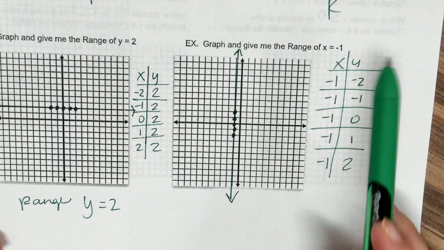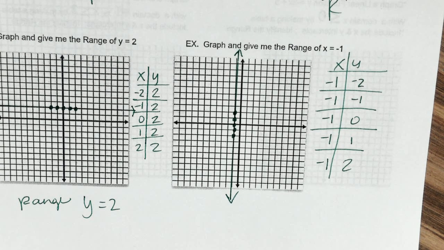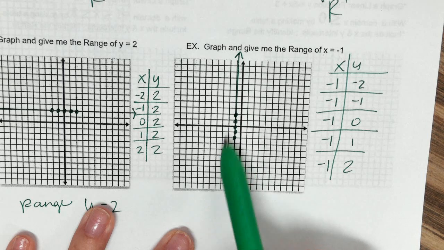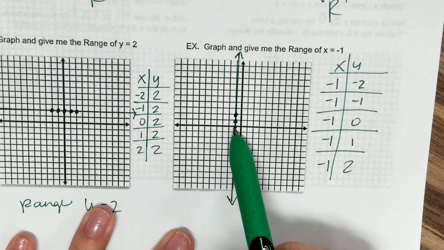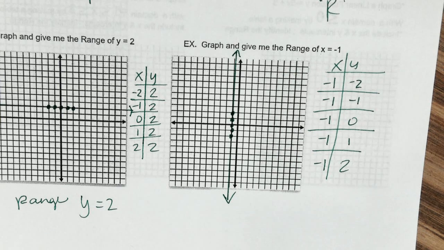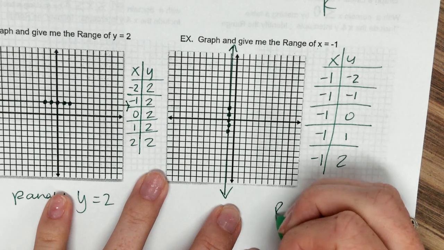If it says x equals a number with no y involved, it will be a straight line passing through the x-axis at -1. So is this a straight line passing through the x-axis at -1? Yes, now stop. We didn't identify the range. What does range mean? Highest to lowest. Is it going to stop? All real numbers.